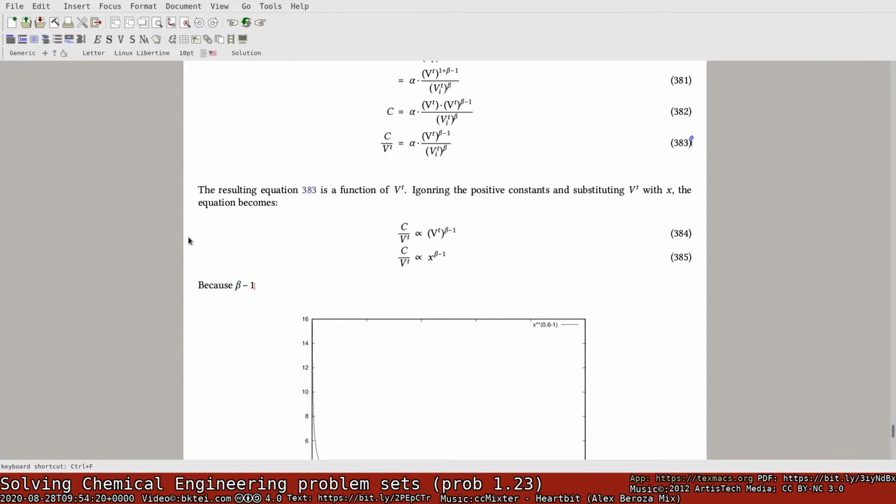beta minus 1 has the range, let's see, because 0 less than beta less than 1, negative 1 less than beta minus 1 less than 0.